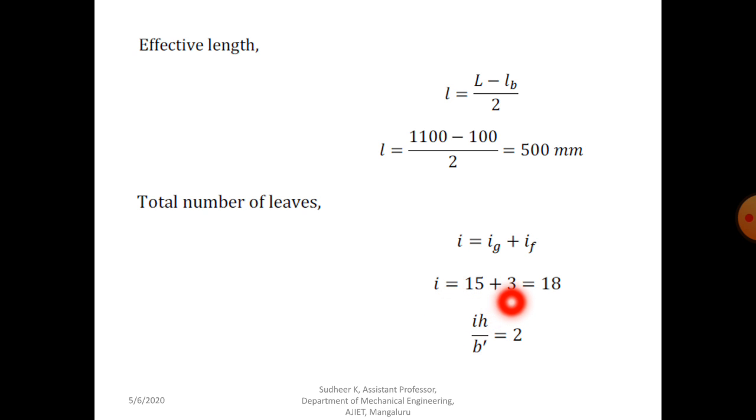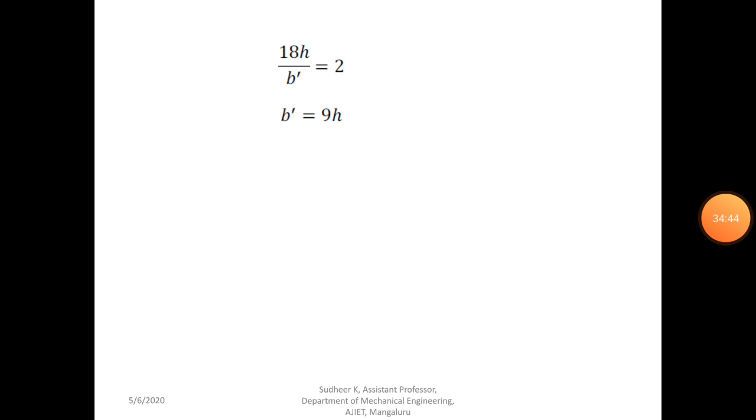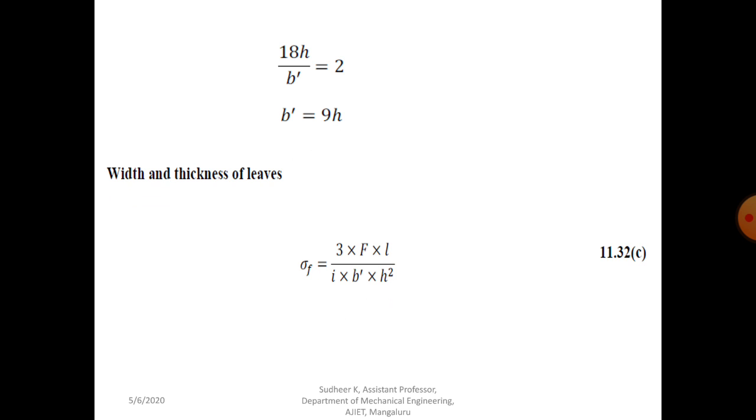They have also given the ratio of height to width: n into h divided by b dash is equal to 2. Substituting n as 18, 18 into h divided by b dash equals 2, so we get the equation b dash equal to 9 into h.